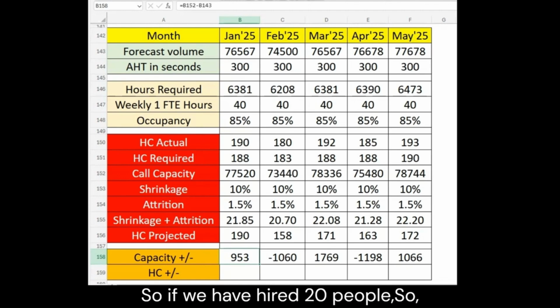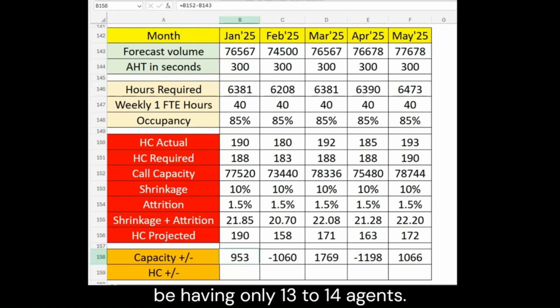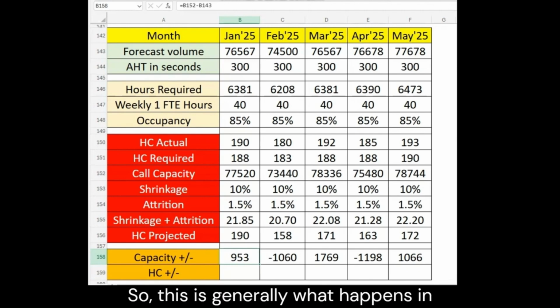If we have hired 20 people, by the time they reach the production floor, we can expect to have only 13 to 14 agents. The rest would be attrited, leaving the company on short notice. This is generally what happens in a call center.